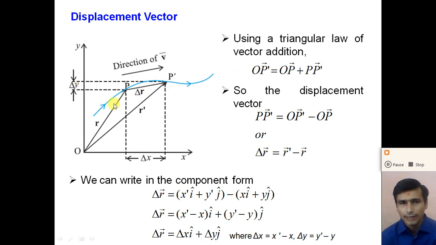So draw the vector PP'. The first vector is the initial position vector r, vector OP. The second vector is the final position vector r', vector OP', and PP' is the displacement vector, right? So the vector joining the initial position to the final position is called the displacement vector.